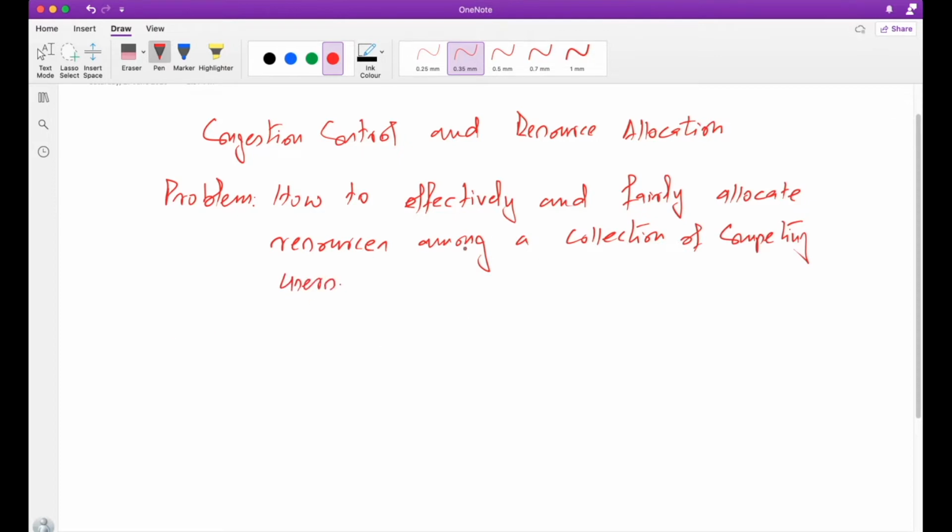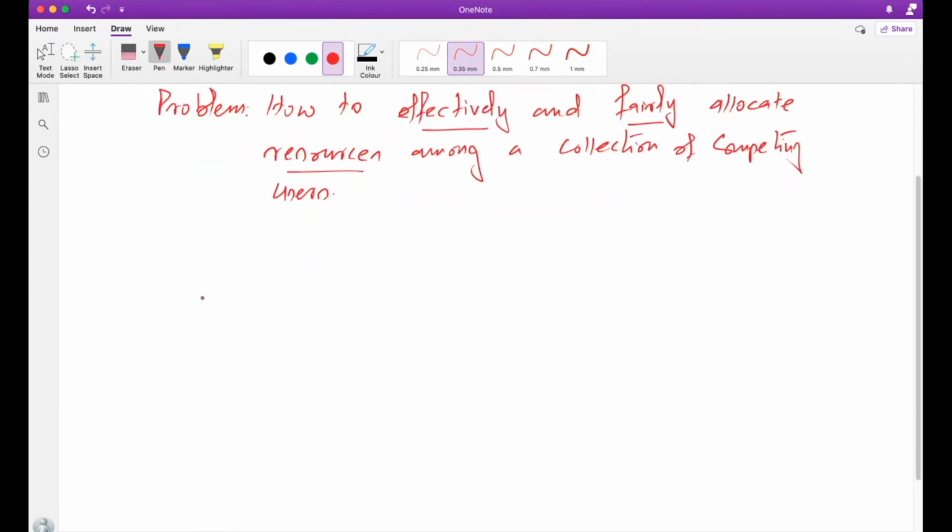All right, so two things are important that we'll be focusing on throughout this lecture: how to effectively and fairly allocate resources. But let's talk about first, what do you mean by the resources, right? What sort of resources are we trying to allocate?